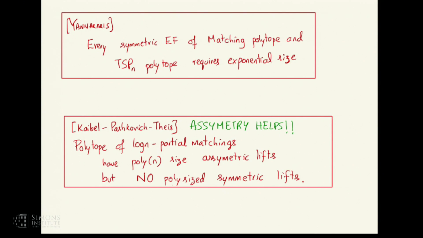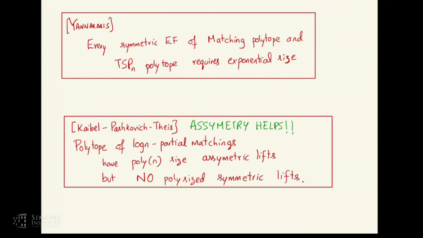You might suspect that asymmetric relaxations are no stronger than symmetric relaxations whenever the polytope is so nicely symmetric. But that turns out to be false, and that's a very surprising result by Kaibel, Pashkovich, and Theis, that if you look at the polytope of log n partial matchings, it has polynomial size asymmetric lifts, but no polynomial size symmetric lifts.